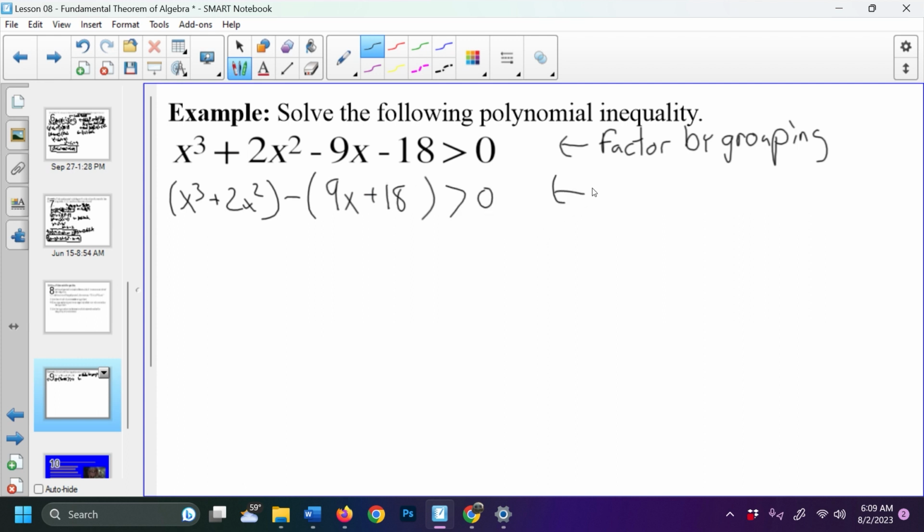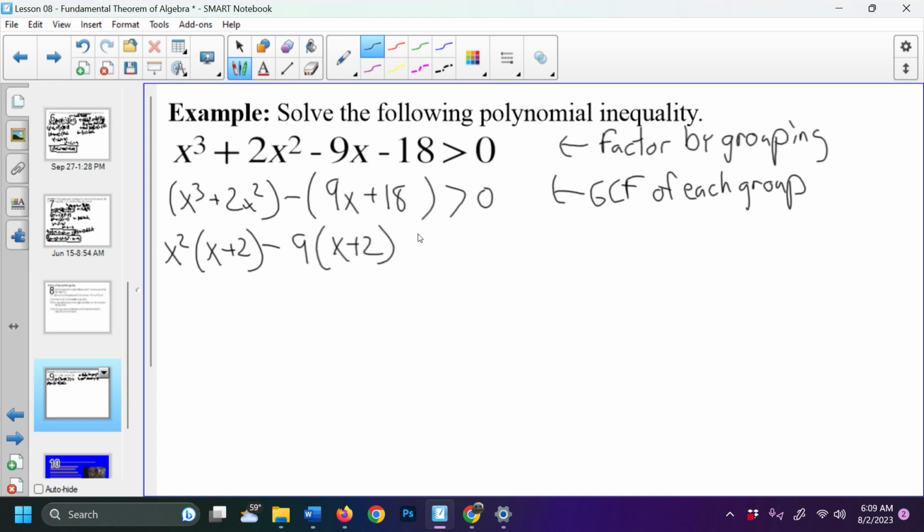And then I'll do a GCF, greatest common factor of each group. So we'll go x squared, and then I'll get x plus 2, and then I can factor out a 9 from both of these two, so I'll have 9, and I'll have x plus 2. And it's at this point that I feel confident that what we're doing is correct.